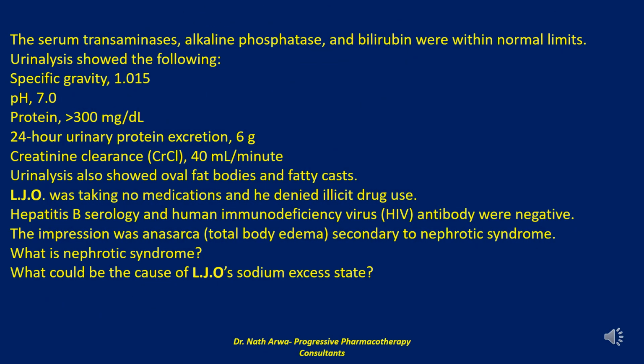Nephrotic syndrome is characterized by hypoalbuminemia, urine protein excretion greater than 3.5 grams per day, hyperlipidemia, lipiduria, and edema. The heavy proteinuria is a result of damage to the selective barrier of the glomerulus. The causes of nephrotic syndrome are multiple and diverse.